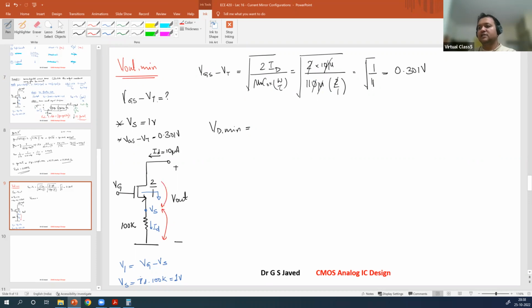Then your VD set, VGS minus VT. So that value would be the summation of these two values. So VD min is equal to VS plus VGS minus VT. That would be 1 plus 0.301, 1.301 volt. That would be the minimum VD min for this circuit.